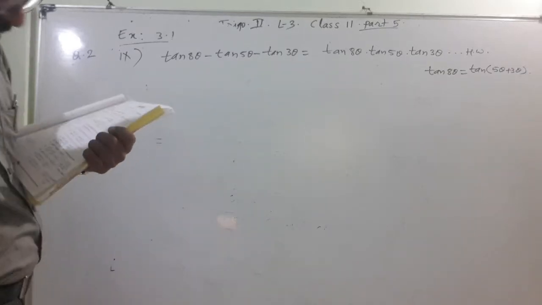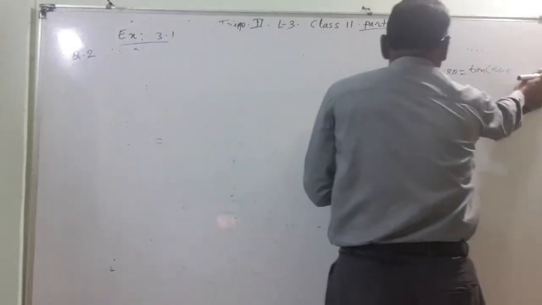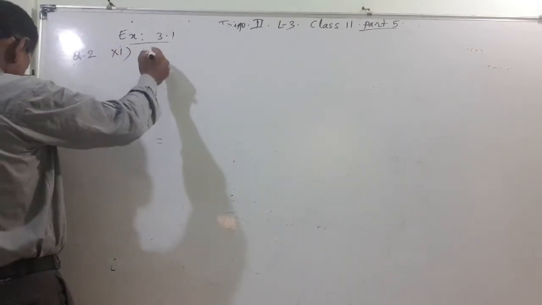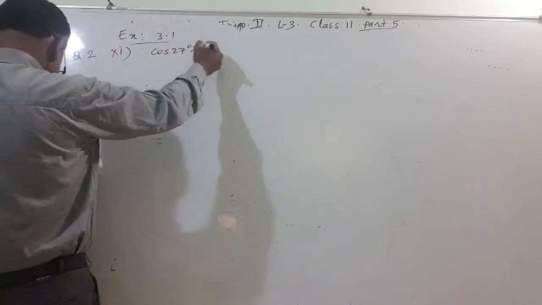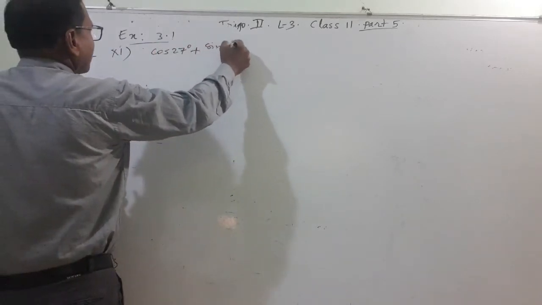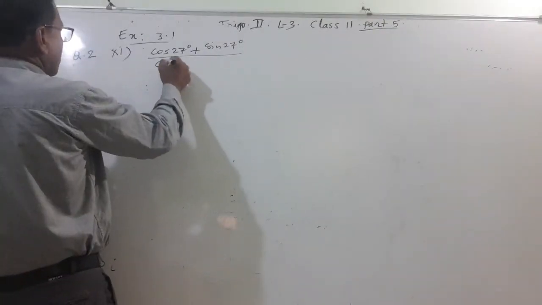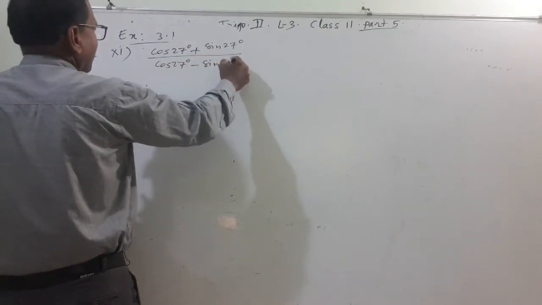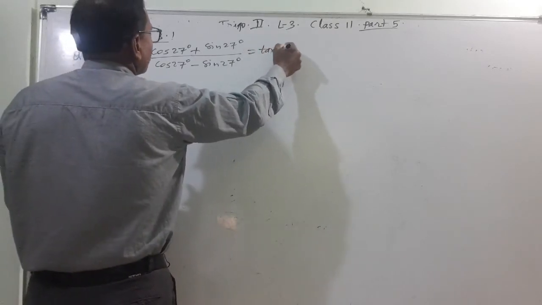Now the 11th sum, this I am rubbing now. Eleventh sum: cos of 27 degree plus sine of 27 degree upon cos of 27 degree minus sine of 27 degree is equal to tan of 72 degree.